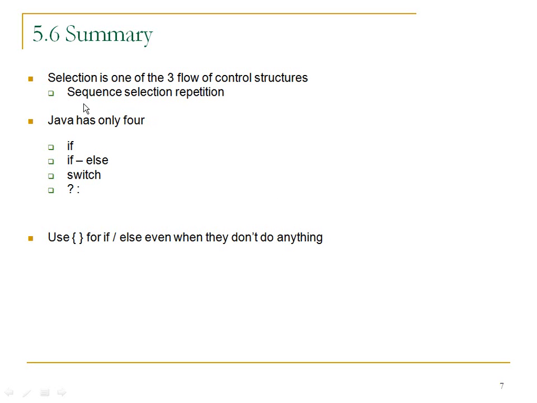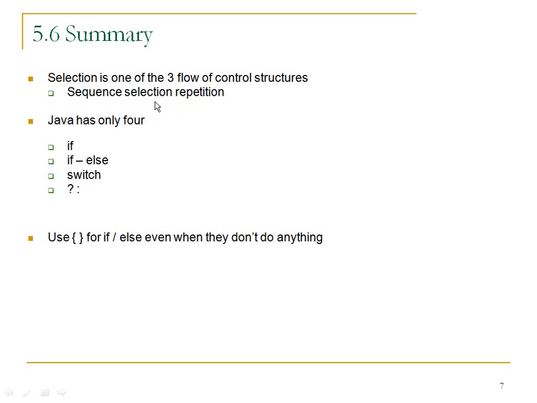There are 3 of them in all structured languages: sequence, selection, and repetition. Sequence is really simple. The lines of code execute in sequence from top to bottom. Almost too simple to be considered a control construct.